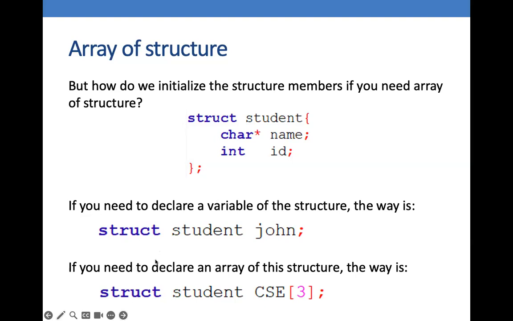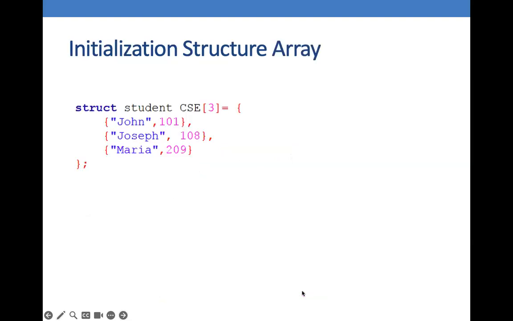Okay, so if we need to declare an array of the structure, the way is we use the keyword again, struct student, and then followed by the array name, which is CSE, and then followed by the number of students that we want. So this is how we can initialize the structure in an array.